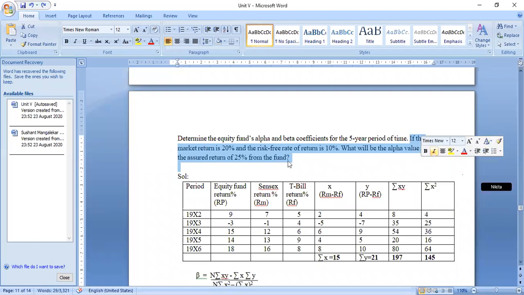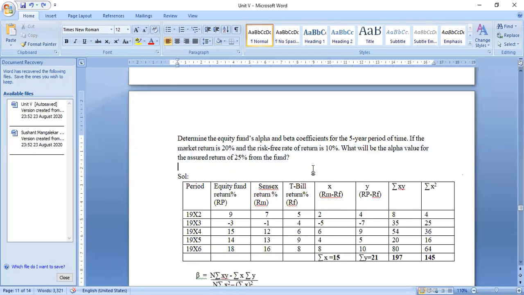It says, if the market return is 20% and the risk-free rate of return is 10%, what will be the alpha value for the assured return of 25% from the fund? If possible, I want students to calculate this. Else I will type this in the document and give it later, because if I start solving here, it will consume a lot of time. But I'll just tell you how to solve it.